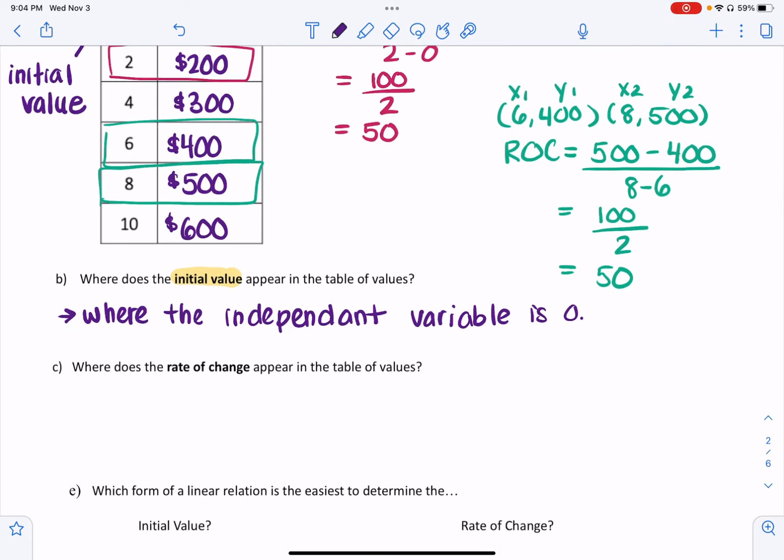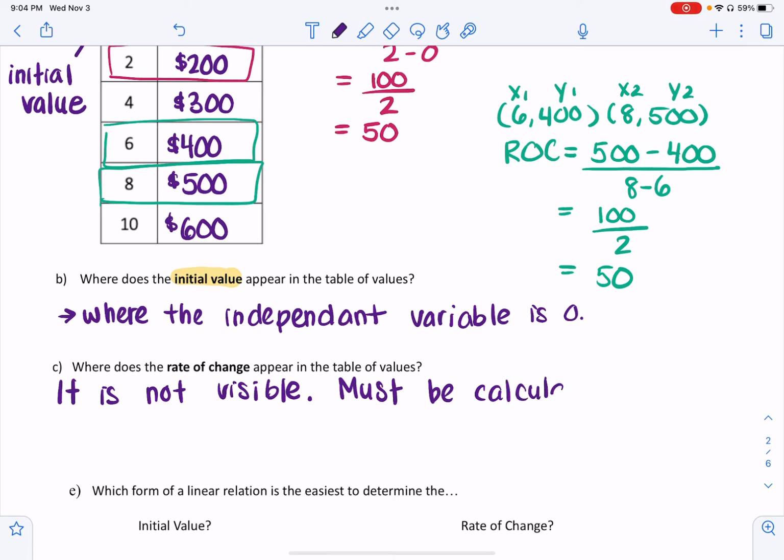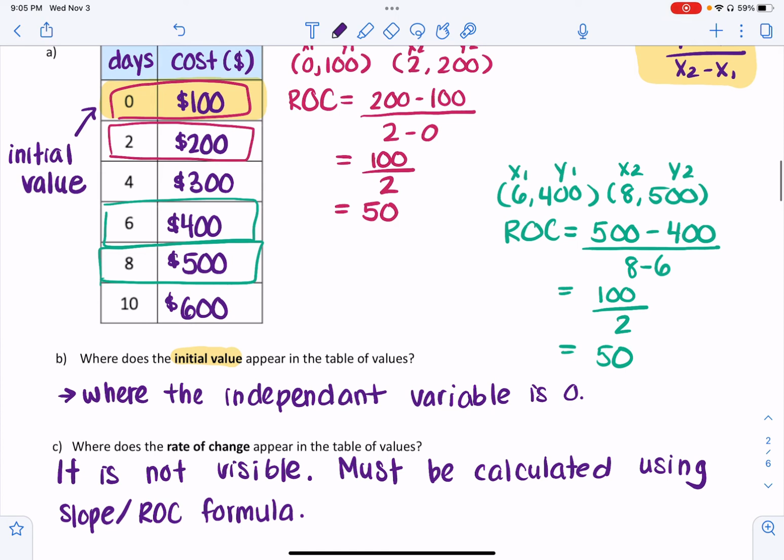So it's in the table of values, but it is not visible, and it must be calculated using our slope, rate of change formula. So just like we did above with the pink and the green equations, that's how we find our rate of change.